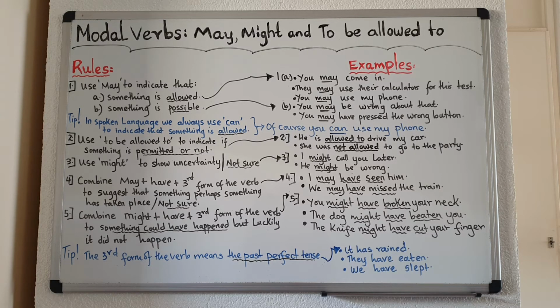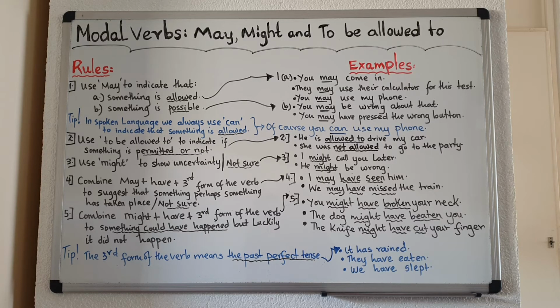So it is possible, there is a chance that the television screen has gone completely blank because you have pressed the wrong button. So use may when you want to let somebody know that something is allowed. And secondly, use may to show that something is possible. There is a chance that it is possible.